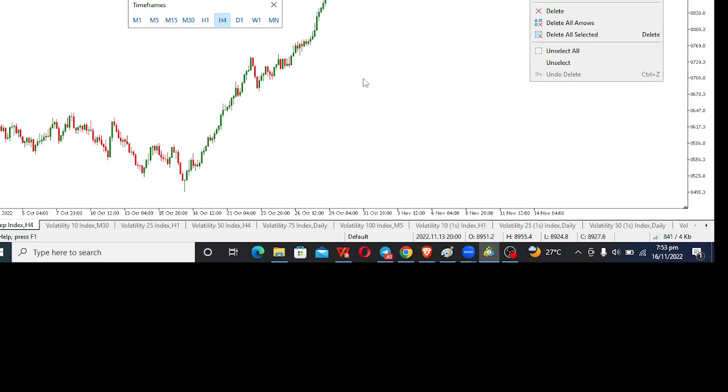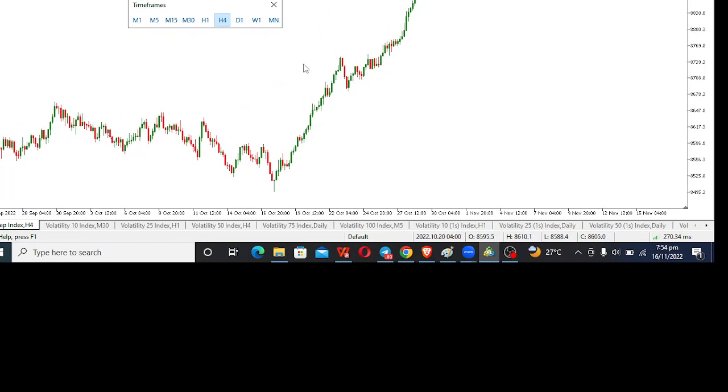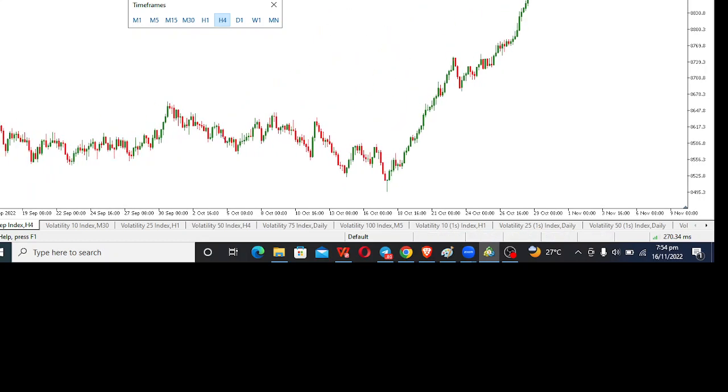So now let's look out for a few support and resistance levels over here, and after this we will find out how to know when a support or resistance is being violated or broken.